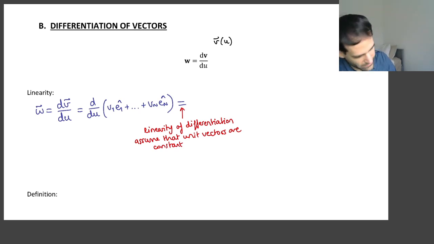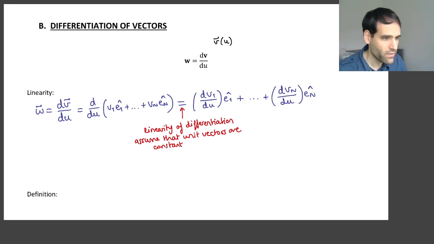Then we arrive at the differential of the first component of v times e1 hat plus the differential of the second component of v times e2 hat plus the differential of the nth component of v times en hat.